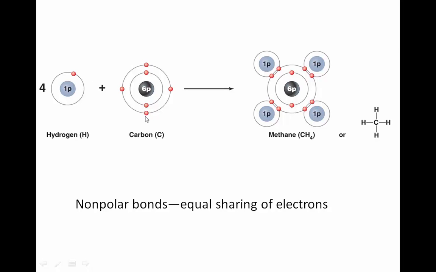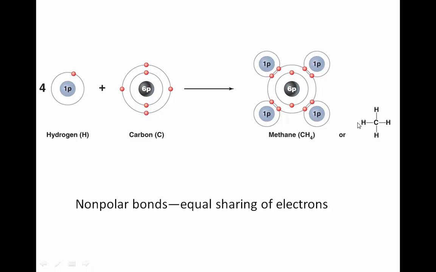Hydrogen, again, looking for 1 electron for its outer shell. This is carbon. It's got 4 electrons. It's looking for 4 more. Now, if 4 hydrogens cozy up to it, each hydrogen can share 1 electron with the carbon. So the hydrogen thinks it's got its full share of electrons. And the 4 hydrogen atoms share their electron with the carbon, and now if you look at that carbon outer shell, it's got 8.